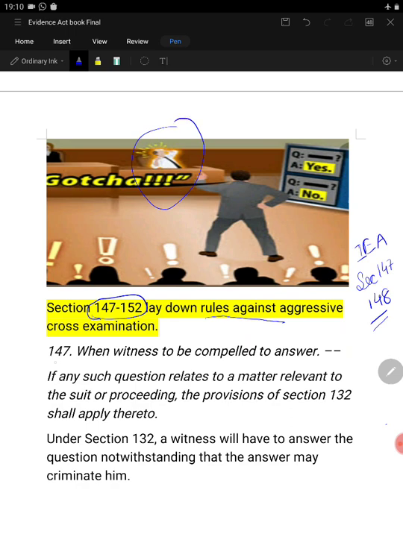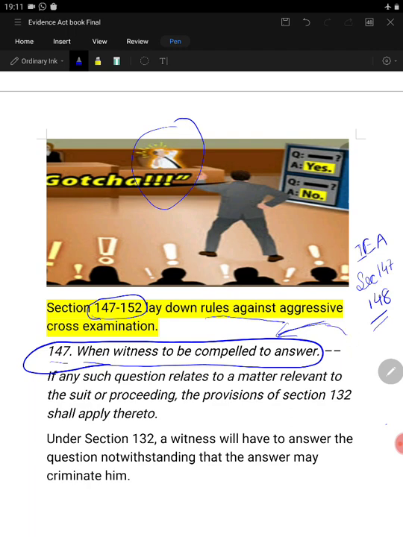So, what Section 147 says is when the witness is to be compelled to answer. When the court will compel the witness to answer, no matter whether the effect would be positive or negative on him.